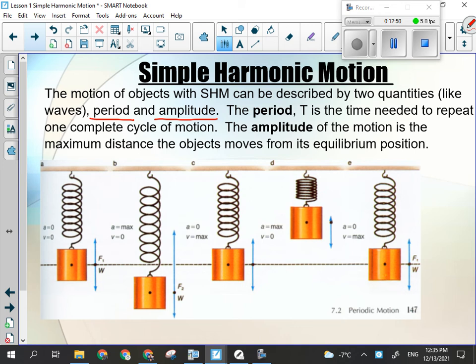So what we're seeing here is, in fact, one full cycle. We're starting at equilibrium, we're moving out, okay, or down in this case, then we're going back to equilibrium, out above the line, and back to equilibrium. That is one complete cycle. What shape did I just draw? A wave. This is why simple harmonic motion causes waves. Okay?